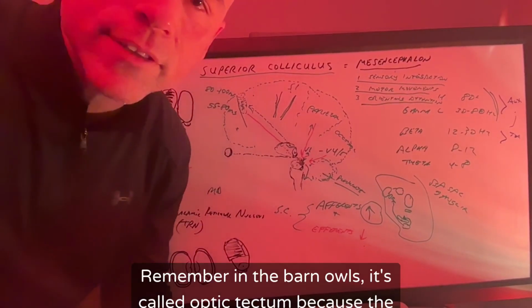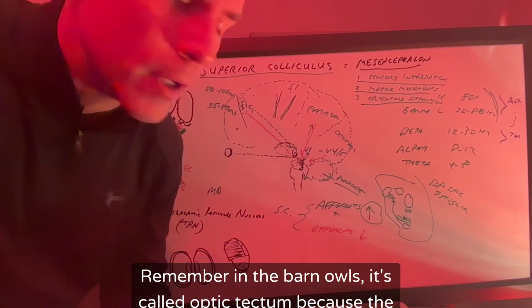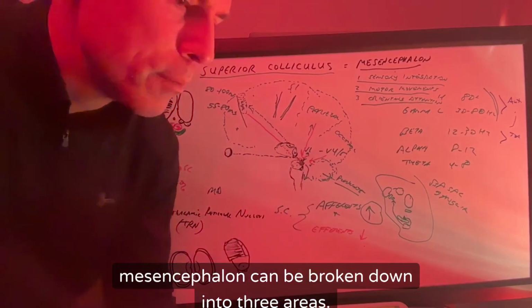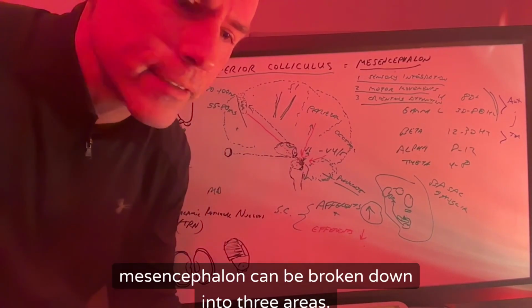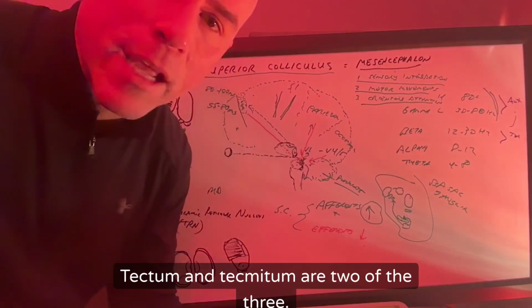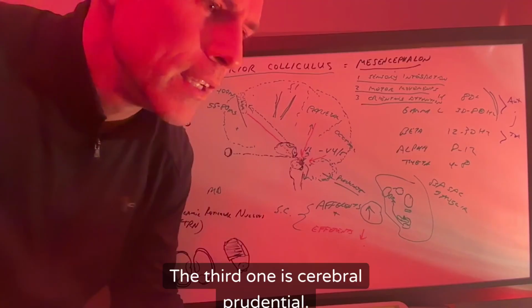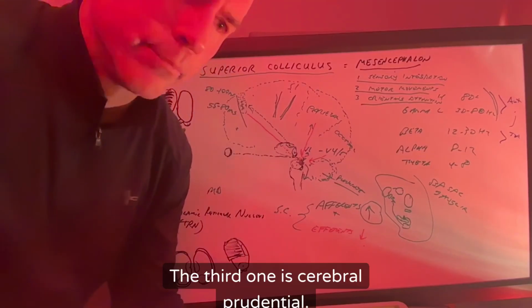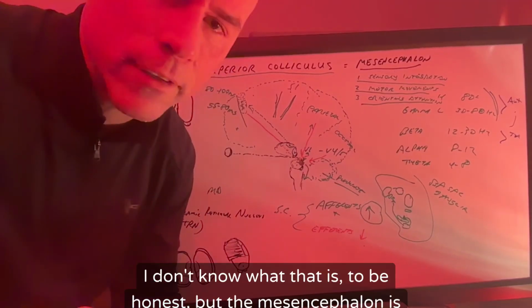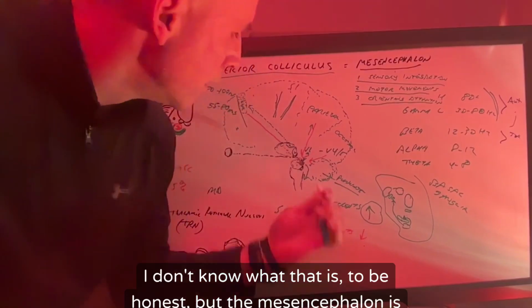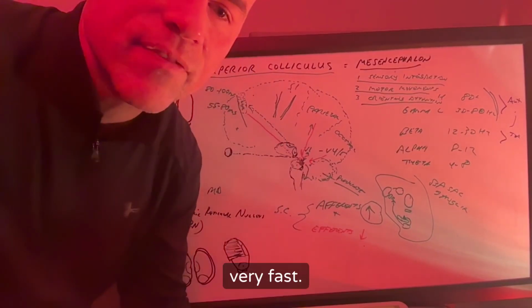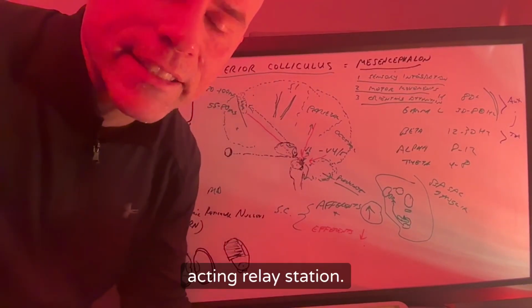Remember in the barn owls, it's called optic tectum because the mesencephalon can be broken down into three areas. Tectum and tegmentum are two of the three. The third one is cerebral peduncle. I don't know what that is, to be honest, but the mesencephalon is very fast acting relay station.